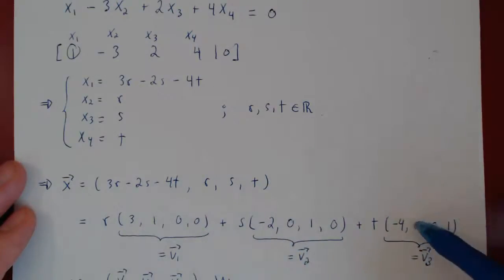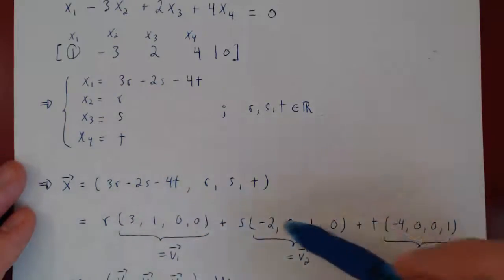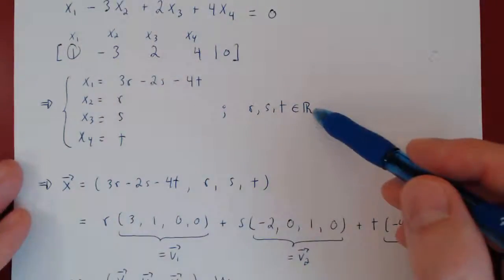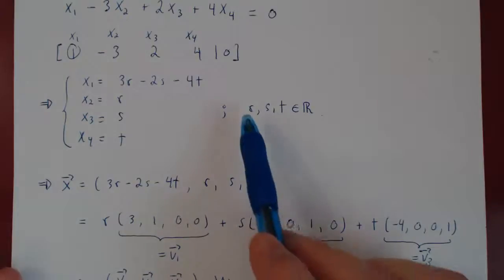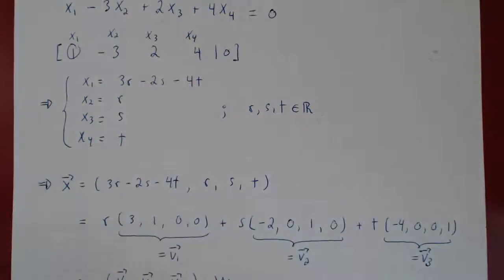And so you'll see the number of generators will always be equal to the number of free variables once you have found the elements of your space explicitly. So always keep this in mind. This will always be the case. The dimension of the space will be the number of free variables or parameters you have once you solve the condition that is required for an element to be in this space.